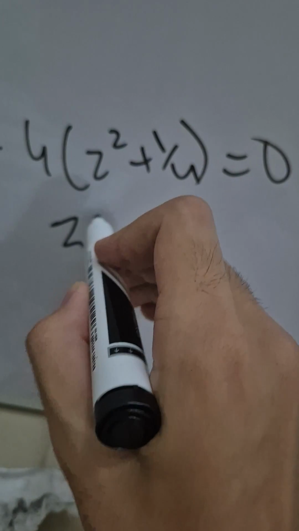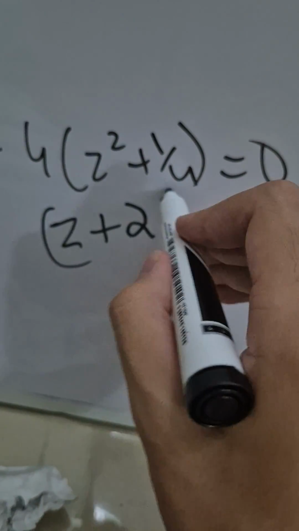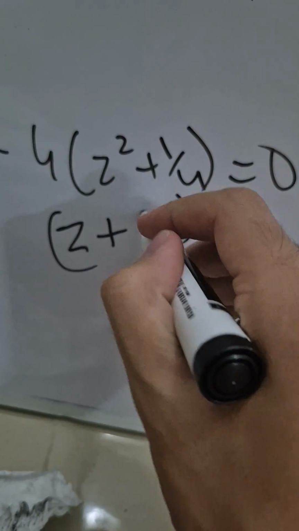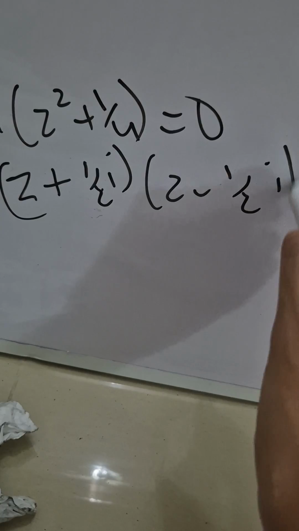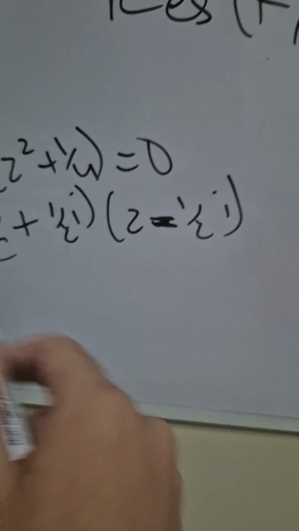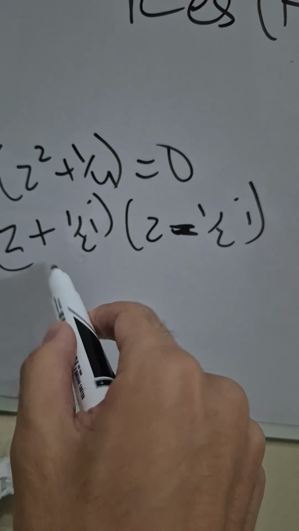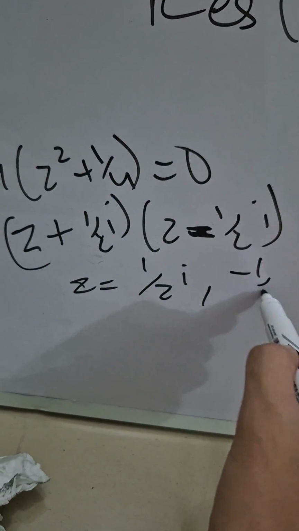Yeah, I'm really sorry about that. Plus, sorry, minus half i. You just root that thing, right? z minus half i, the 4 goes to 0, just cancels off, right? So this part just shows that the function is undefined at half i and negative half i.